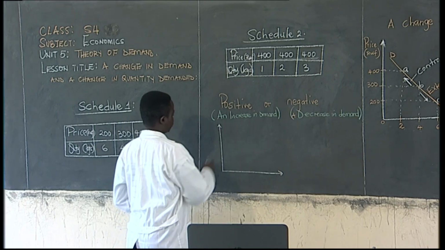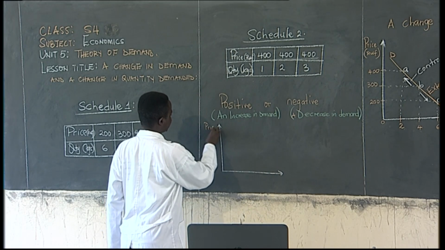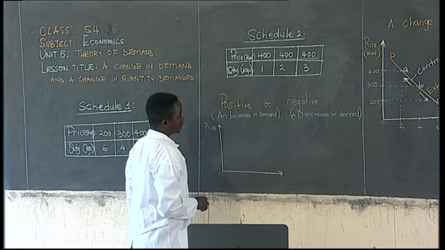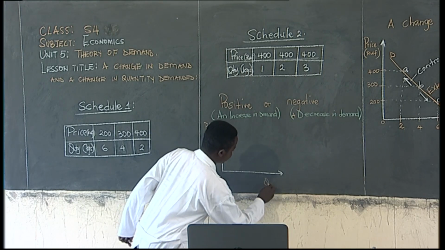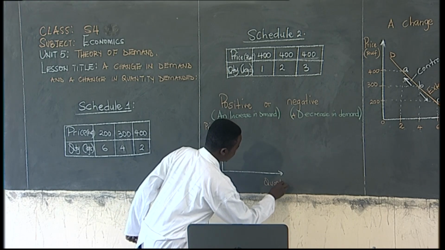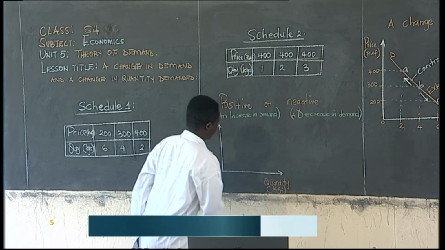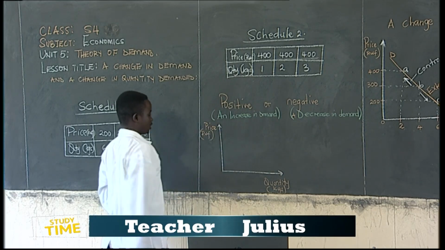So, I can try to graph or illustrate this. If we have here the price, we are under a change in demand where quantity demanded is changing, but at a constant price. Then here we have quantity demanded, maybe in kilograms, and here our Rwandan francs, our currency units.